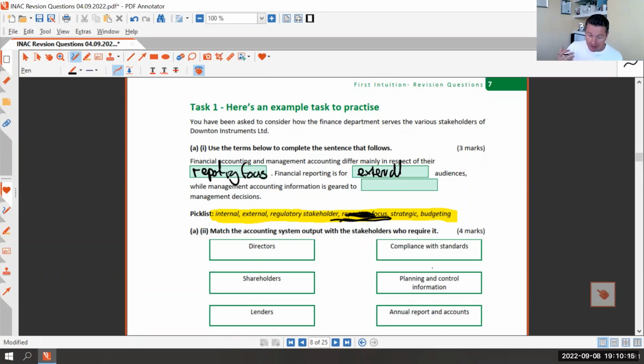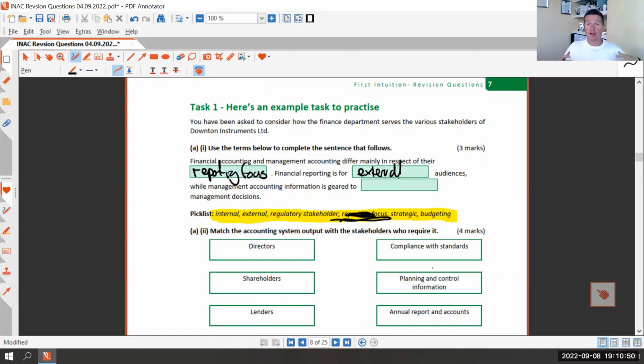It could be budgeting decisions, it could be strategic decisions, but the sentence is about their reporting focus. Who do we report to? Your management accounts go internally to managers, maybe directors, and there'll be things like future forecasts, production budgets that you otherwise wouldn't want to share, future cash flow projections, a future NPV calculation.